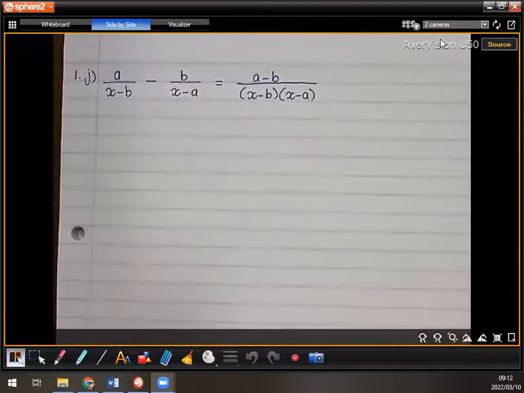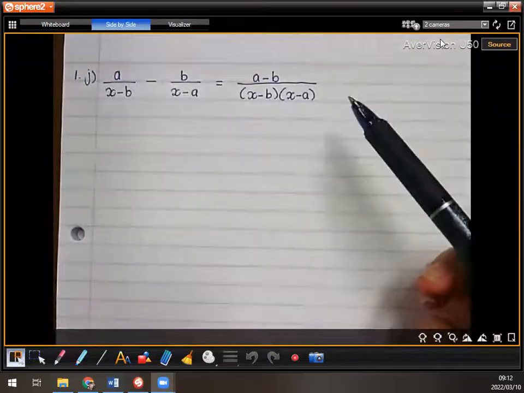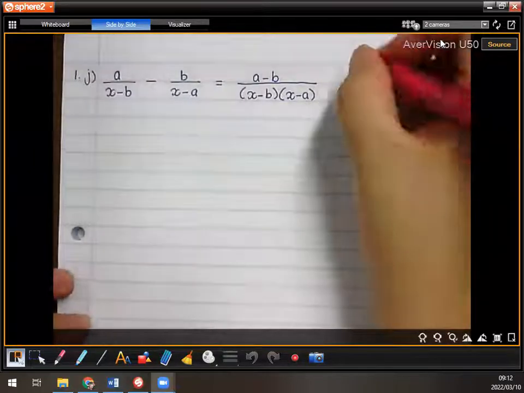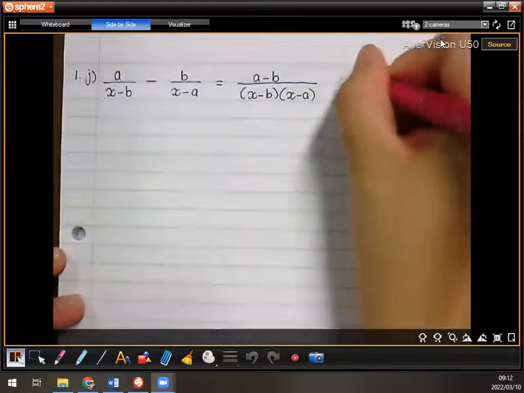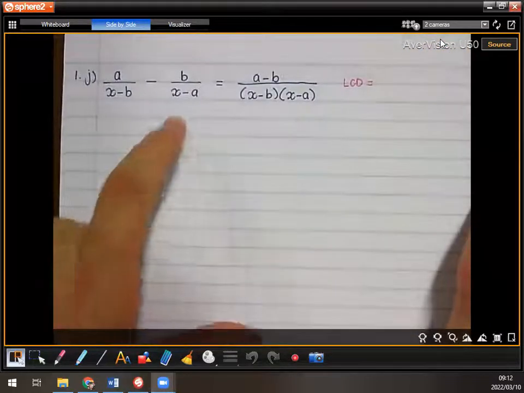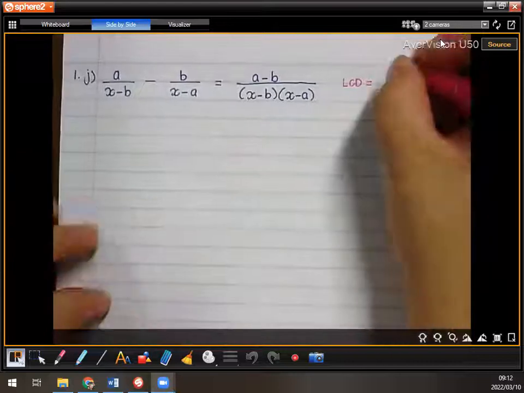Now they want us to make x the subject of the formula. We have a whole bunch of x's, but first let's get rid of our denominators. That's what we always do when we have an equation with fractions. Remember we have to multiply each term by the LCD. The LCD is x minus b, x minus a.